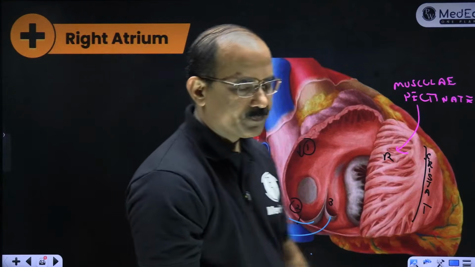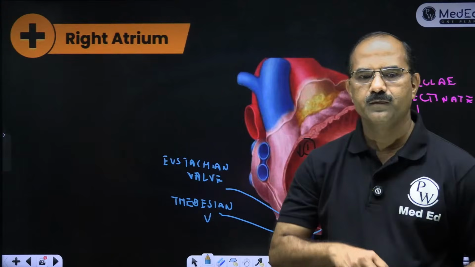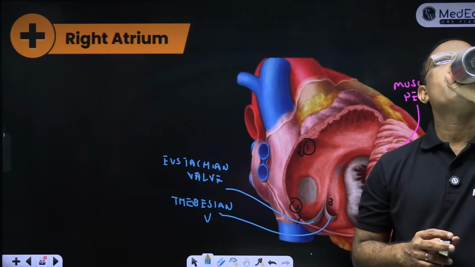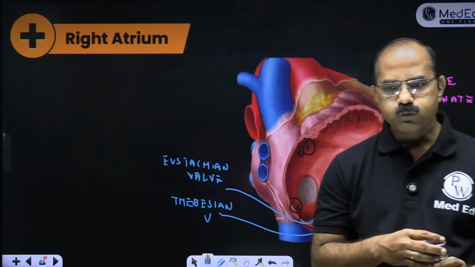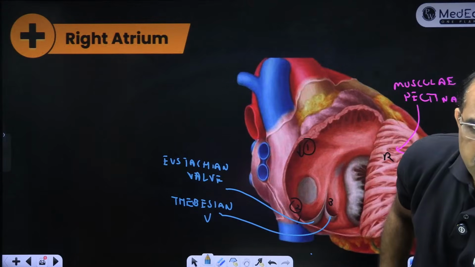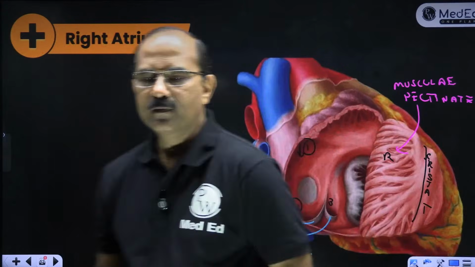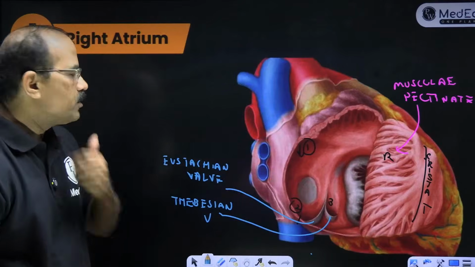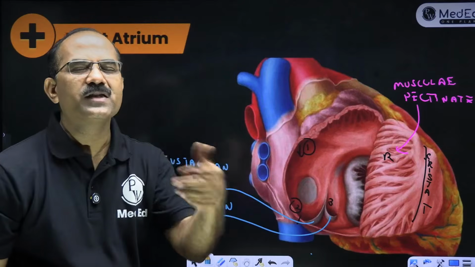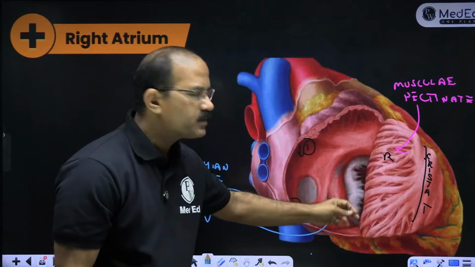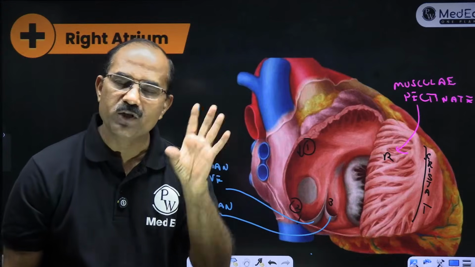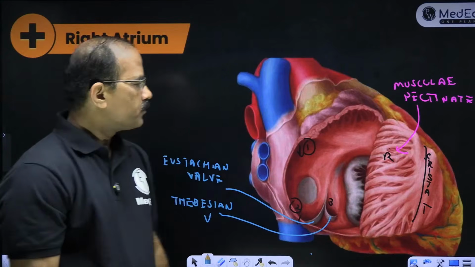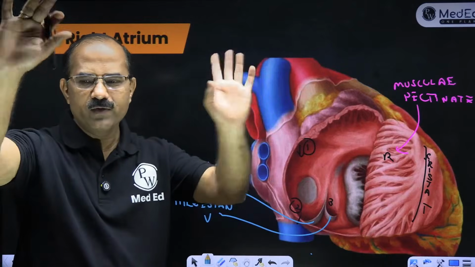Remember this. So the opening of IVC is guarded by a valve called the Eustachian valve. At the opening of the coronary sinus there is a valve known as the Thebesian valve. Okay? Clear? Fine to all of you?